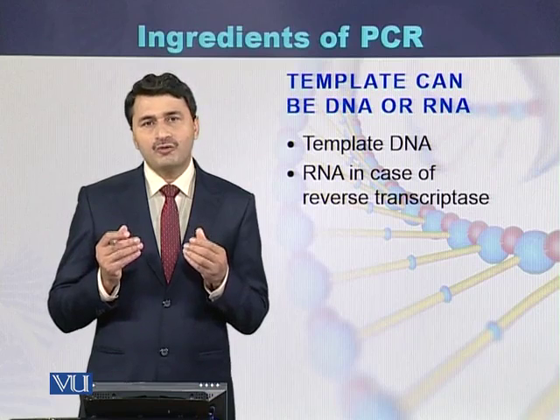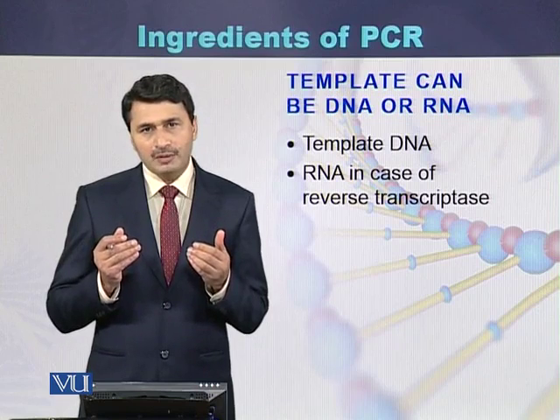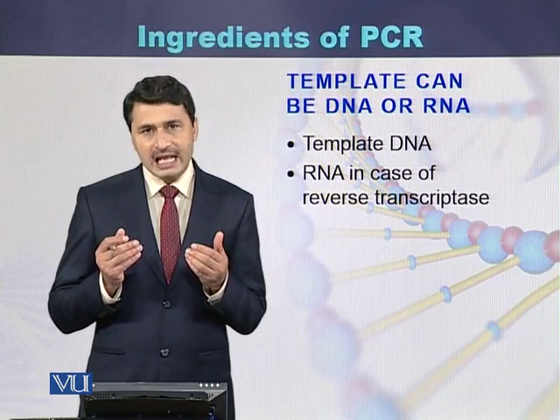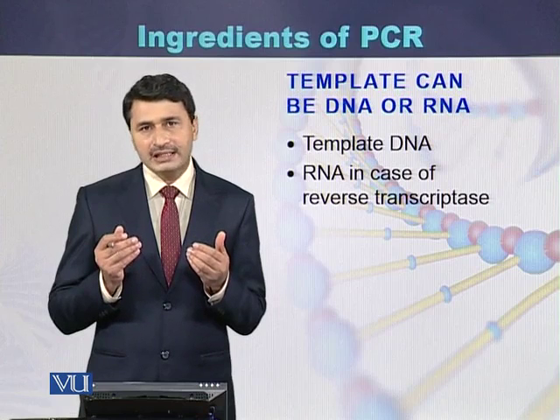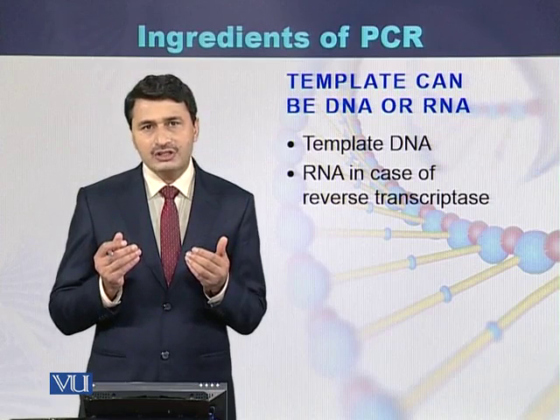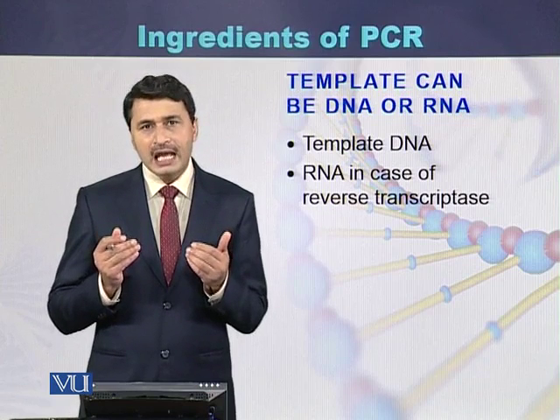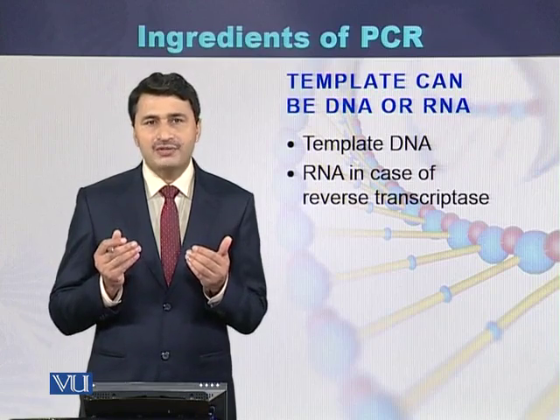So we can perform the PCR reaction by taking DNA as a template, and we can also perform it by taking RNA as a template, because RNA is first converted into cDNA and then that cDNA is amplified by polymerase chain reaction.